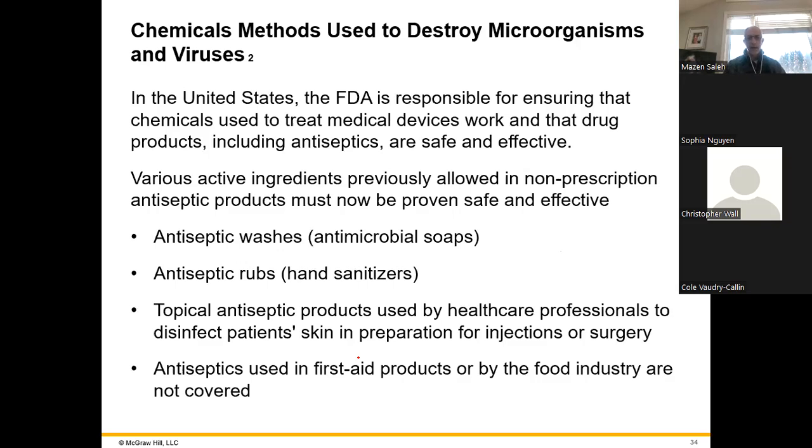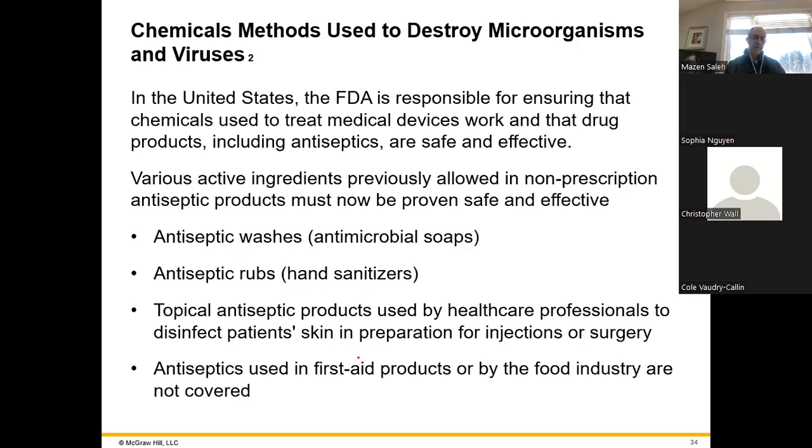Right. So again, in the United States, the Federal Drug Enforcement Agency is responsible for ensuring the chemicals used to treat medical devices, and of course they regulate drugs as well, because of the fact that these are chemicals. They're also regulated by the same organization.